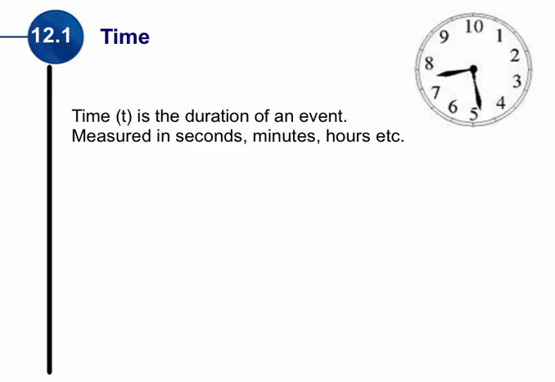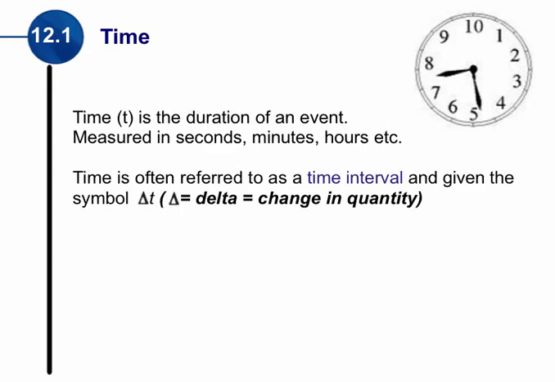Time is also a quantity that you're probably quite familiar with. And when we're doing time, what we're doing is we're measuring the duration of an event, how long it takes, whether it's seconds or minutes or hours, days, years. There's a whole bunch of measures of time that we're going to use or potentially look at. Now, when we're talking about time, we often refer to time as a time interval.